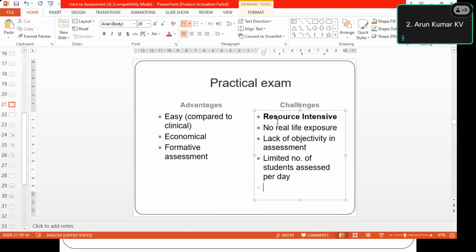Sir, need to standardize the pattern of examination. Can you elaborate a little bit, sir? What do you mean by standardization? Sir, we need to standardize the pattern of conducting the exam.